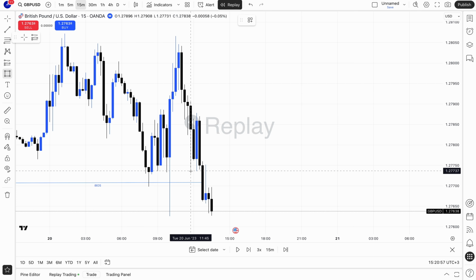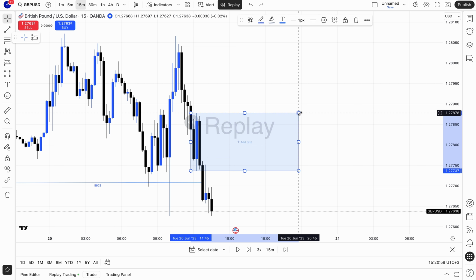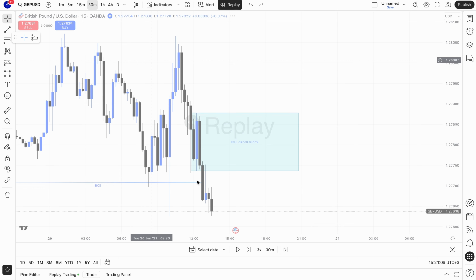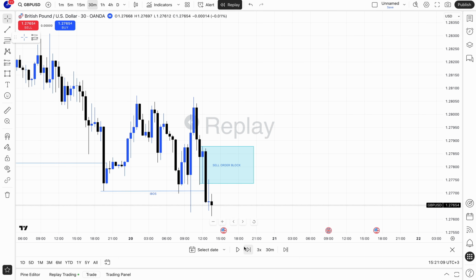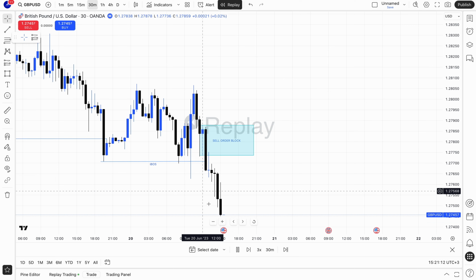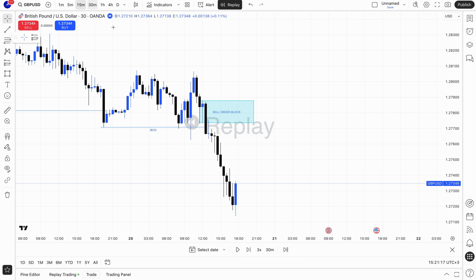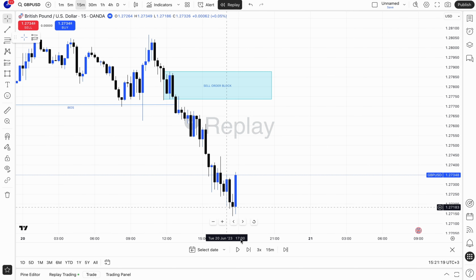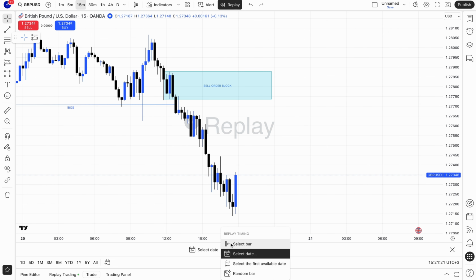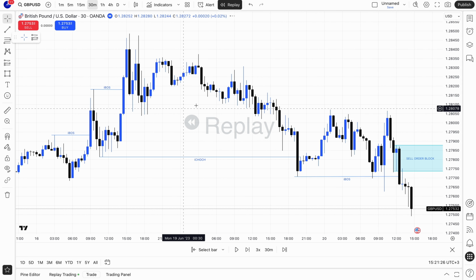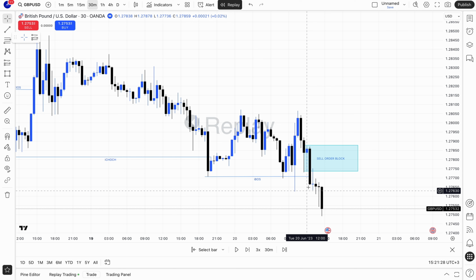Then we had our supply zone, which is our order block here. Then we had our confirmation, had a tap. This is the price breaking here cleanly. We got a break, but the price is moving like crazy. Put this back up to here. Yeah. This was our confirmation from this candle.